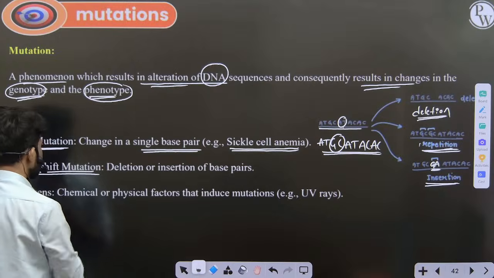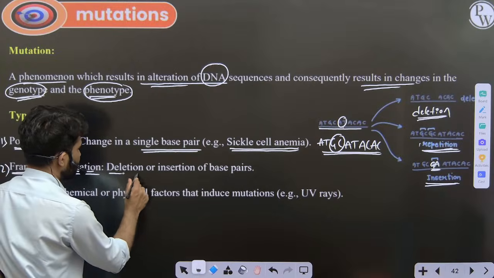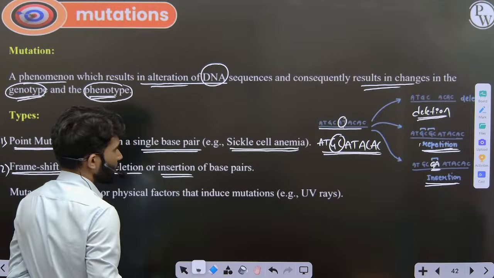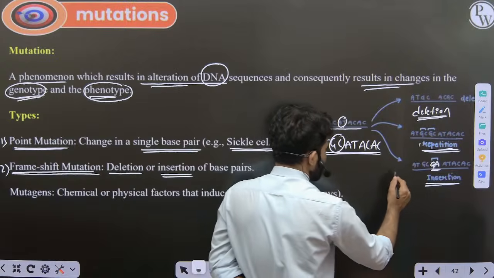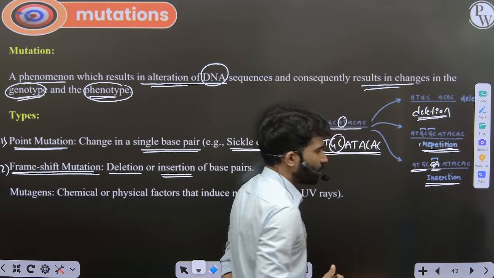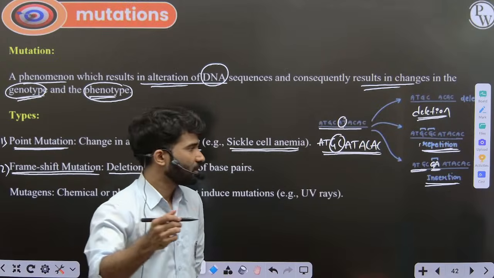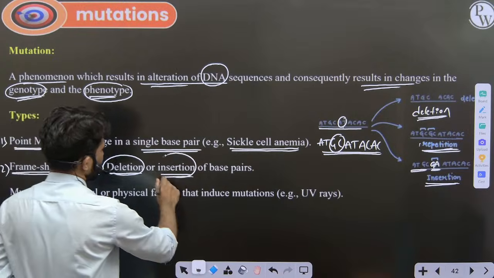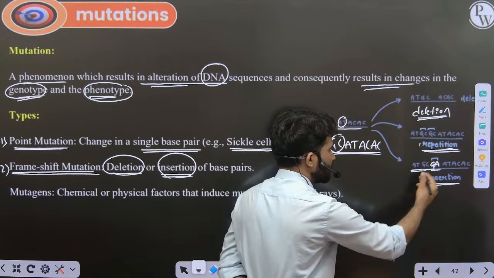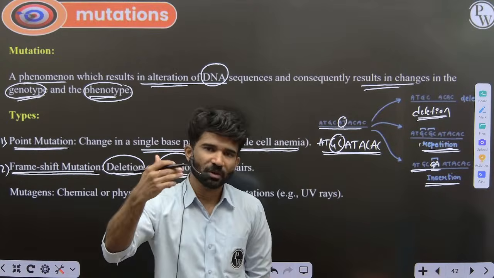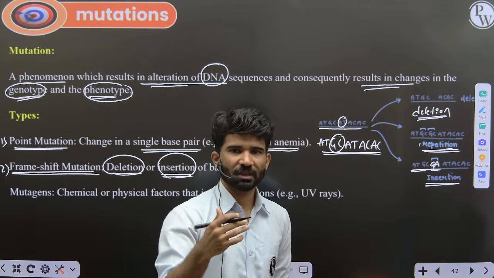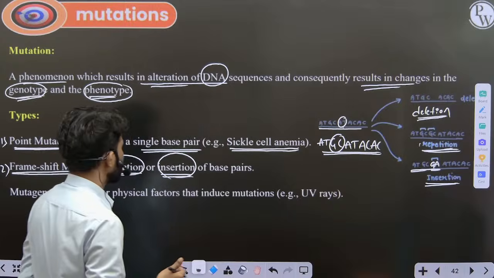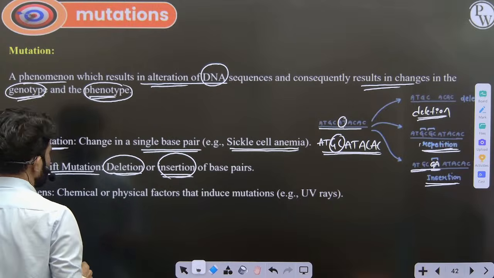When frame shift mutation is caused, there is a deletion or an insertion of a base pair. Suppose a particular triplet codon is coding for an amino acid. If it is changed due to deletion or insertion, the genetic code will change, so the triplet codons code for different amino acids. The expression will then be different, which also causes genetic disorders.